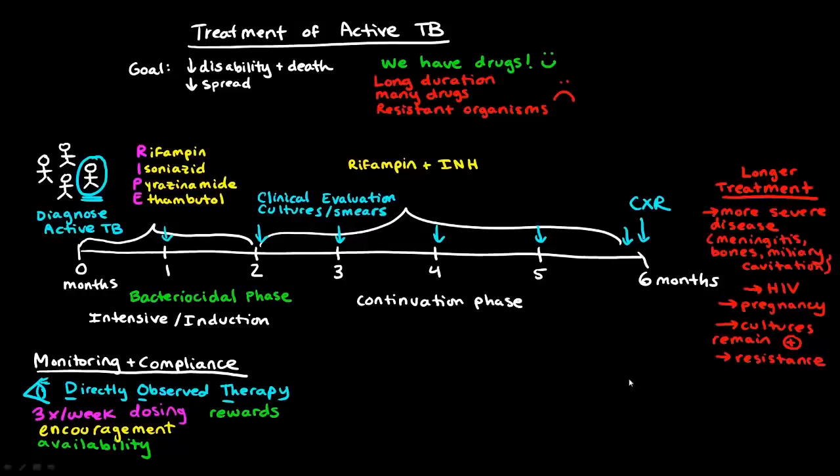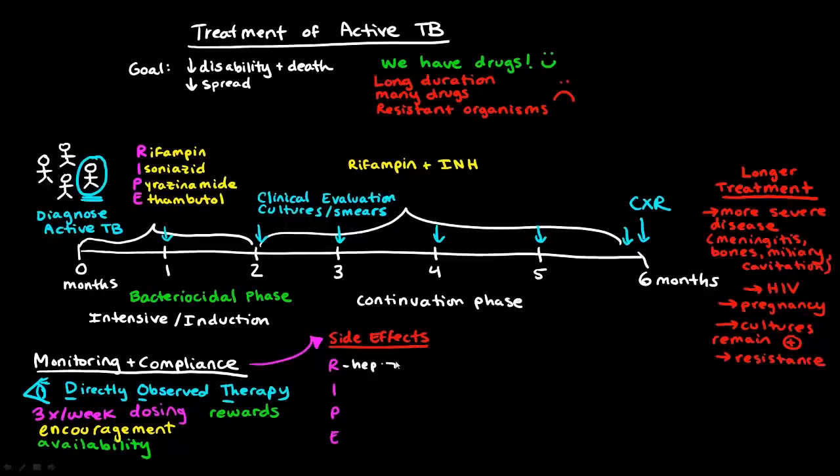Another important part of monitoring patients who are being treated for tuberculosis is watching for side effects, and we'll do those for the RIPE regimen, the 4 key antimicrobials used for treating common TB infections. So R again is for rifampin, and the main side effects to keep in mind about rifampin are that it can cause hepatitis.